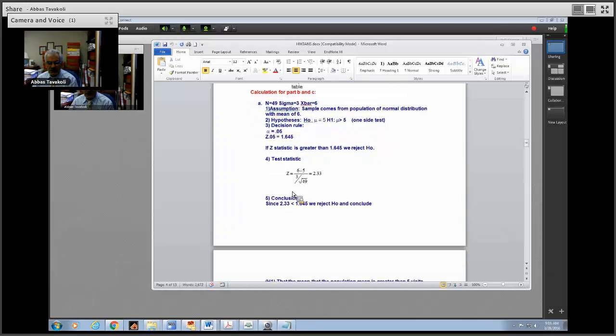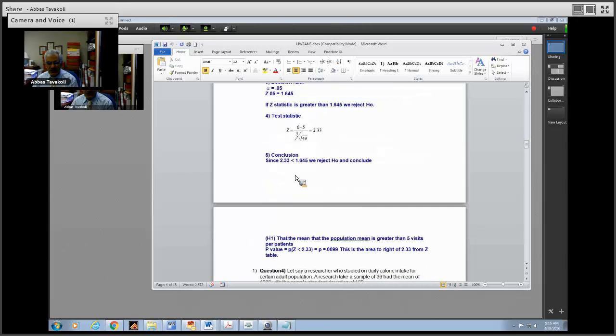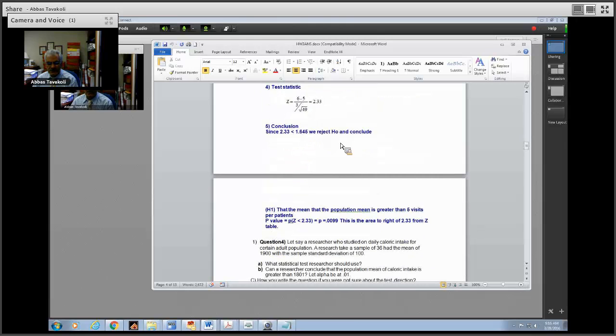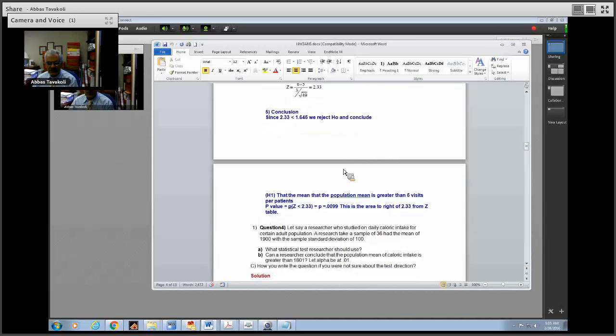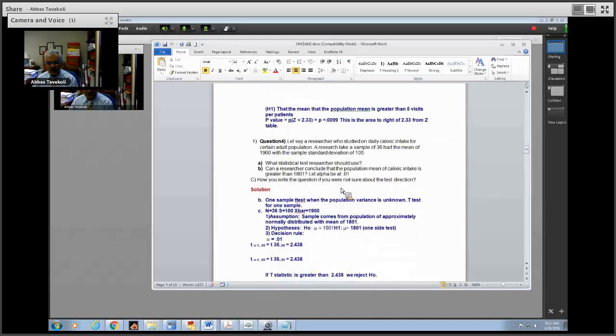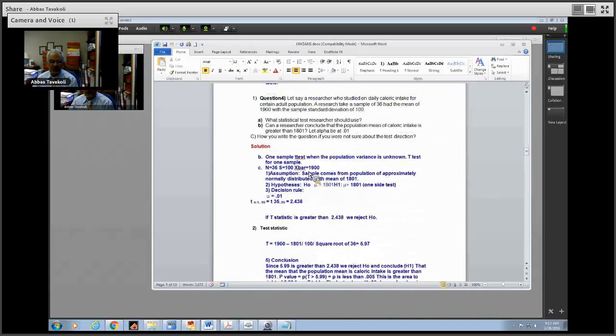From the z table, for alpha 0.05 the critical value is 1.645. Here you compare 2.33 to 1.645, and it is greater. So we reject the null and conclude the alternative, which is greater.